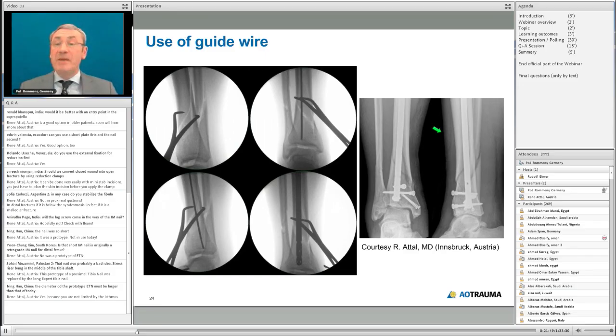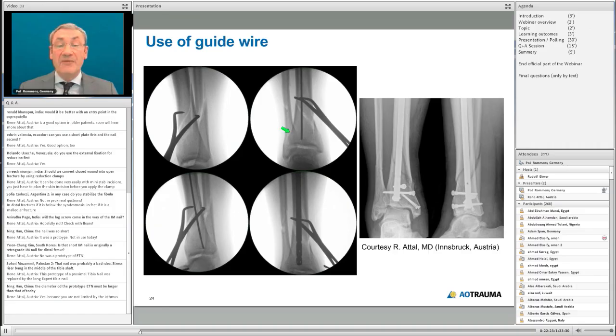Here you see the same patient as we have seen before with his oblique distal third tibia fracture reduced by a pointed reduction forceps. After that, a guide wire is put intramedullary, and you can recognize the correct position in the lateral view and in the anteroposterior view, and after that the nail is guided over this guide wire.